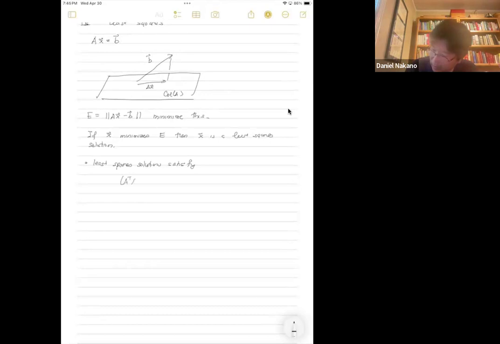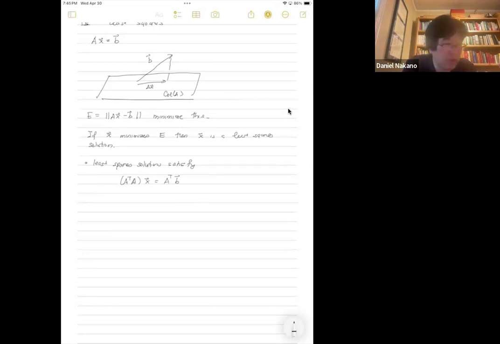A transpose A times X is equal to A transpose B. Okay, so we did some analysis on this, and we actually figured out that if you have a least squares solution, then this equation has to be satisfied.